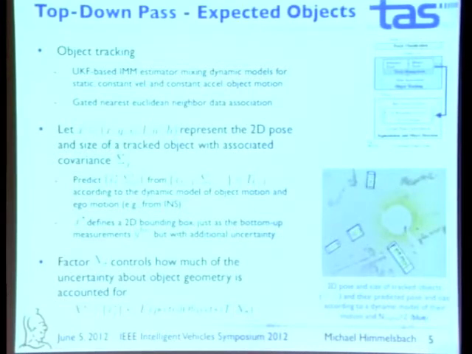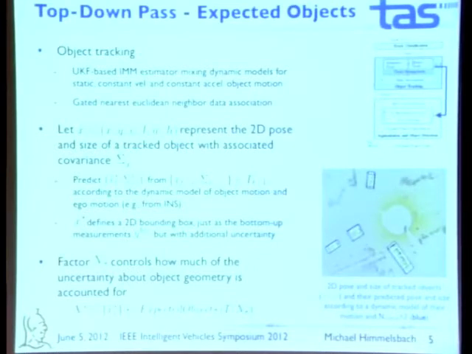So now to make use of this information, we need some representation we can use for segmentation out of these tracked objects, and so we estimate as part of the whole system state of a track the 2D pose and size of tracked objects.